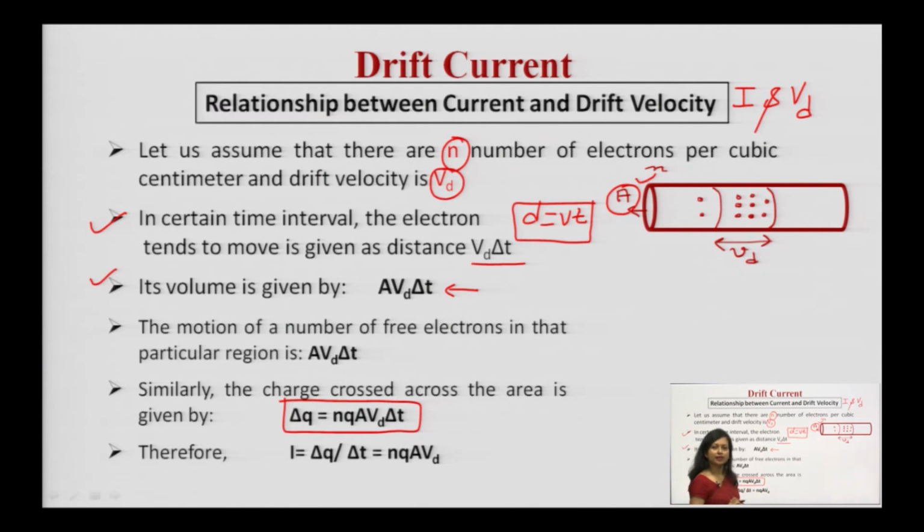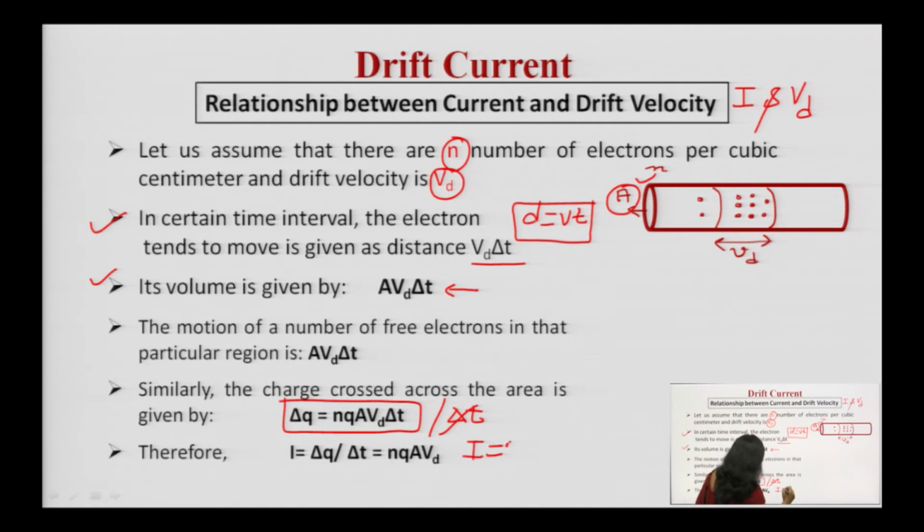So this is how you can calculate the charge. And the current is nothing but delta q upon delta t. Now, if you substitute this value of delta q upon delta t, the delta t term will cancel out. And what is the value of the current?